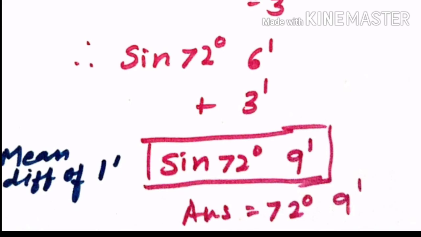Again reminding that for sine we always add the mean difference. So 3 minute should be added to 6 minute. For that we get our answer 72 degree 9 minute. So 72 degree 9 minute is the approximate answer of our E value given in the question.